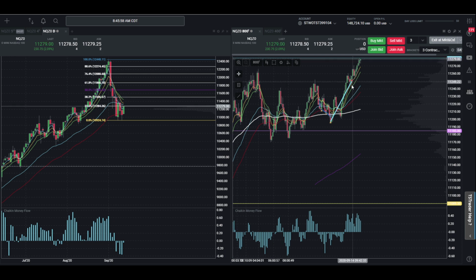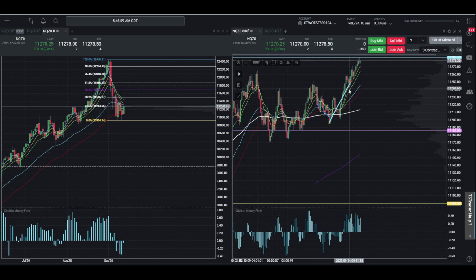Our target is always 50 points. So risk 5, 5, 5, 5, 5, 5 to make 50. So it's a good risk reward, because 5 plus 5 plus 5 plus 6, that's about 30 points. So you're still profitable after that, if that makes sense.